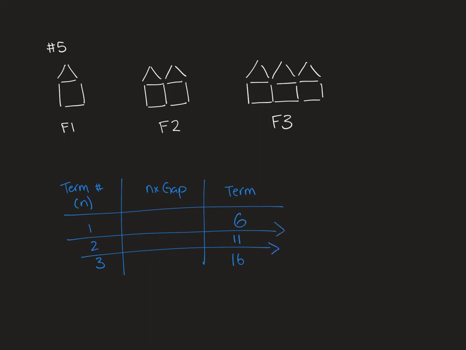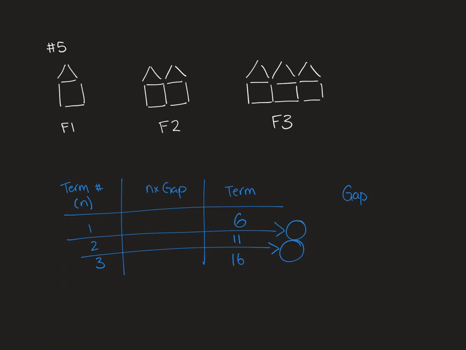So remember that your first step will be to figure out what are these terms going up by. So what is your gap? And then you will go through and go, okay, 1 times your gap is this, 2 times your gap is that, 3 times your gap is this. And so then it'll be your gap times n, right?